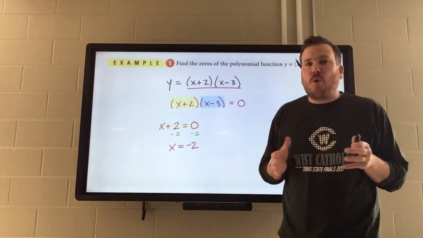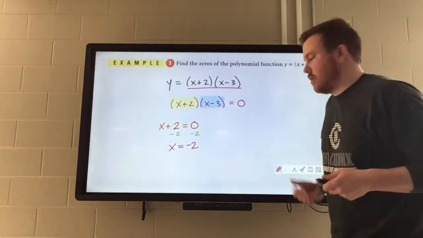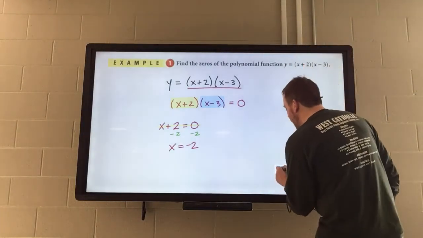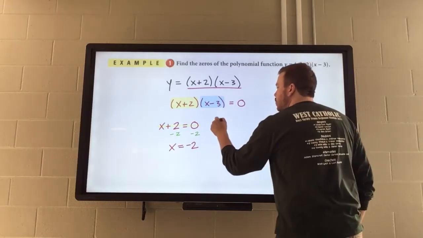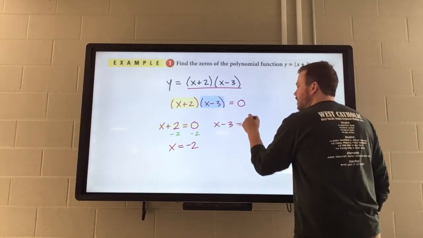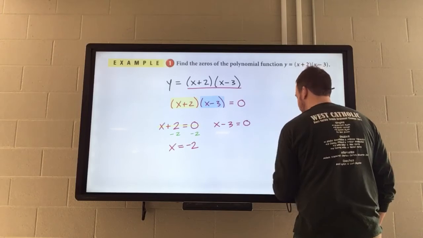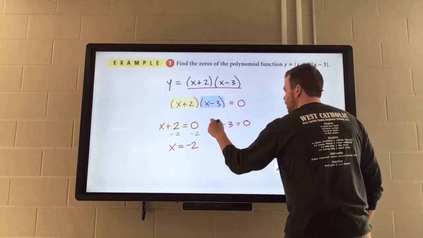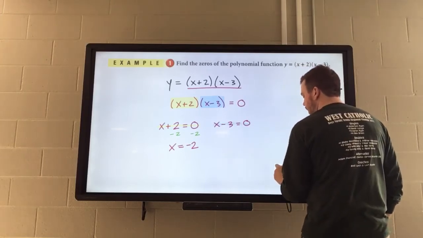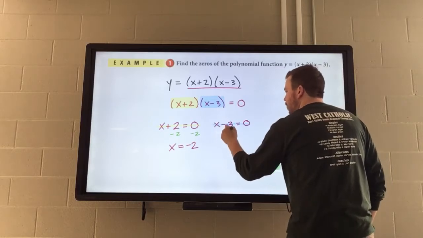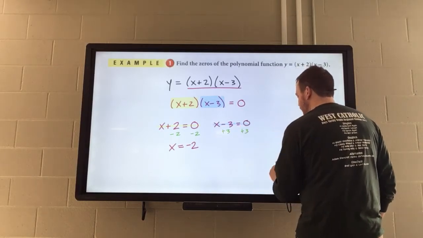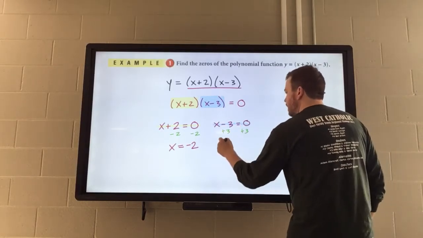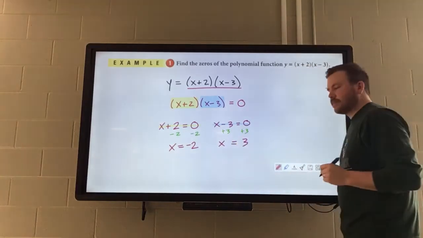Now, that's not the only number that gives us a 0 of the function, though. So what we need to do now is set the blue number equal to 0 and solve. In order to solve, I add 3 to both sides, leaving me with x is equal to 3.